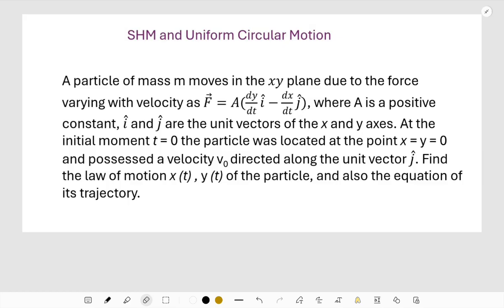because let's read the statement of the problem. It says a particle of mass m moves in the xy plane due to a force varying with velocity. And how does it vary?